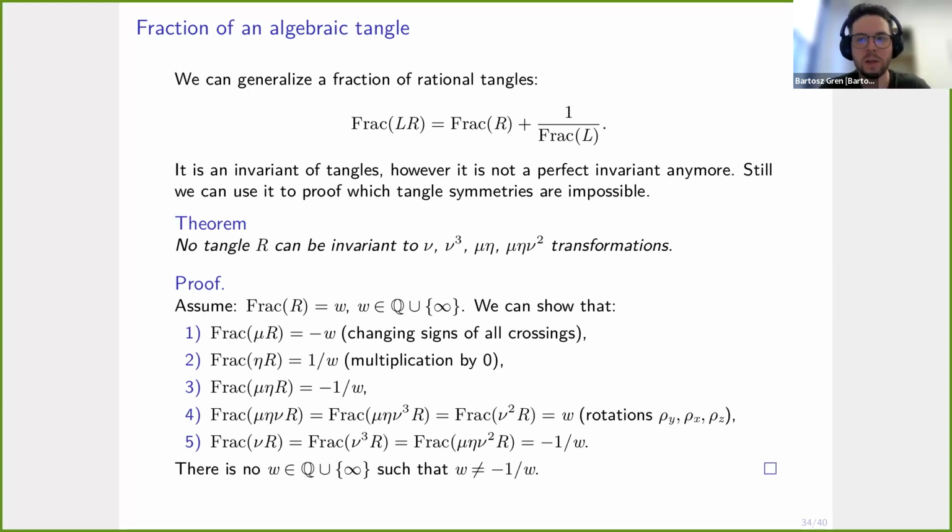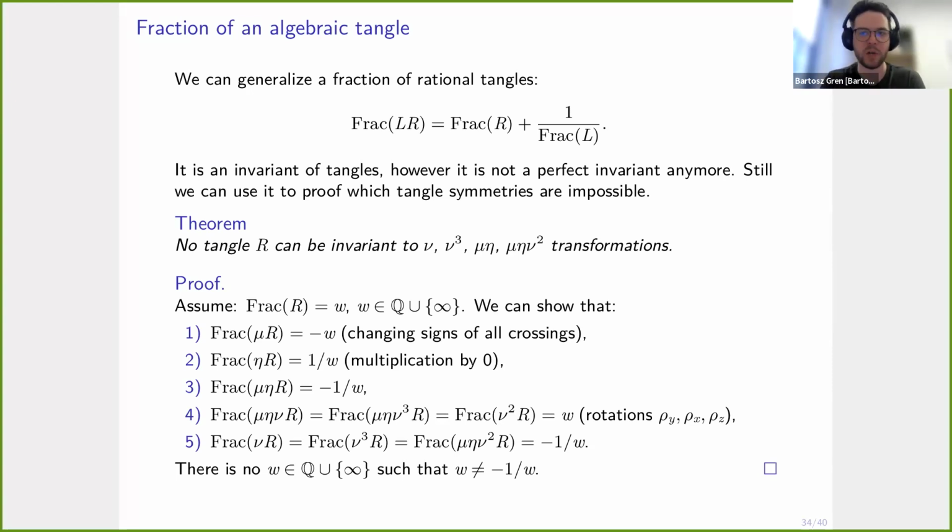So if a fraction is represented by a rational number, and we perform an operation which changes the fraction by changing sign and inverting, its fraction cannot be the same, because the only fraction which does not change after changing the sign is 0, an infinity tangle, 1/0.